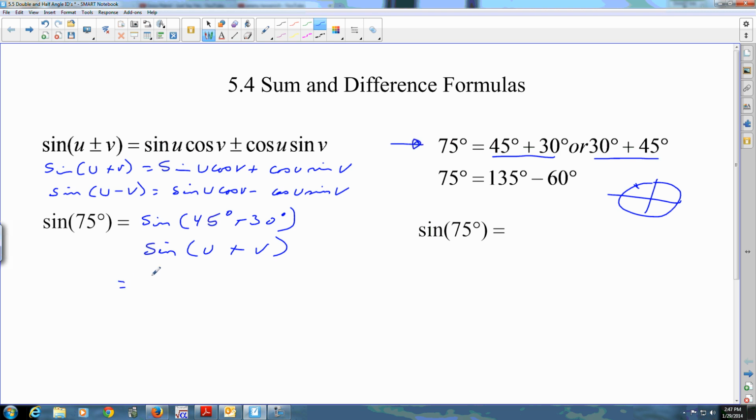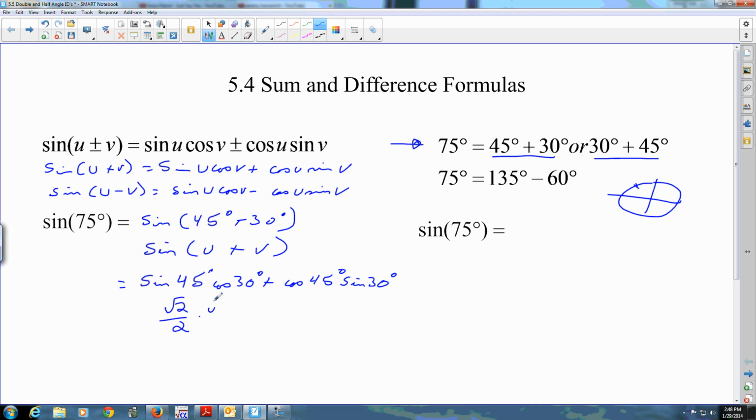So it would be sine 45 cosine 30 plus cosine 45 sine 30. And now you reference the unit circle. Sine of 45, that's square root of 2 over 2.